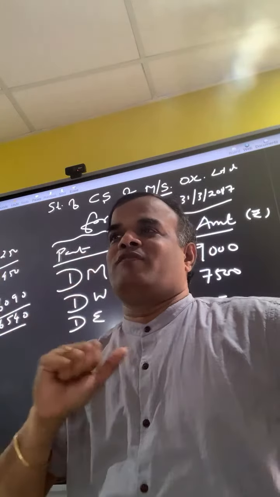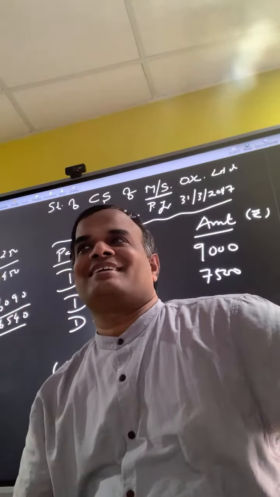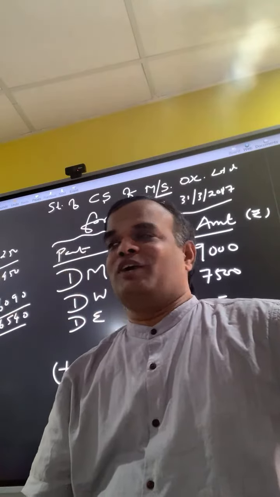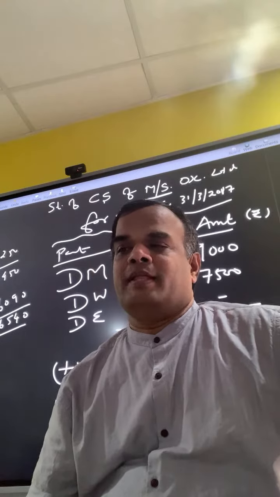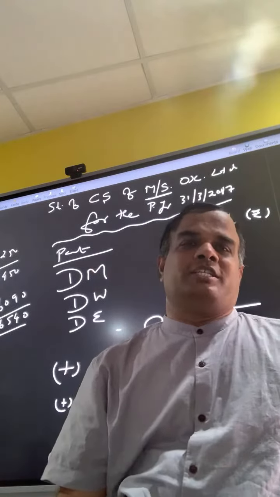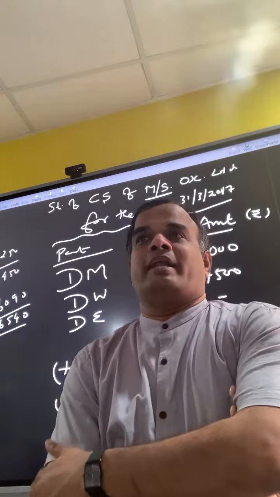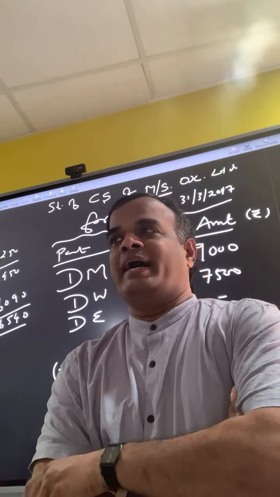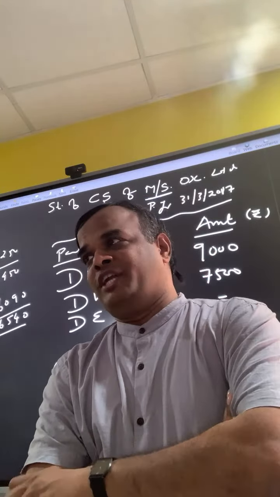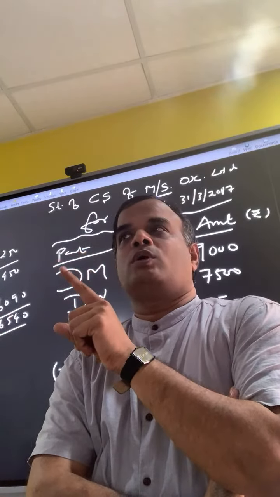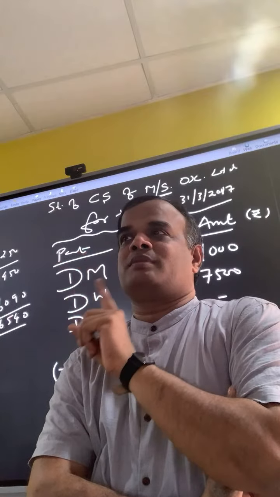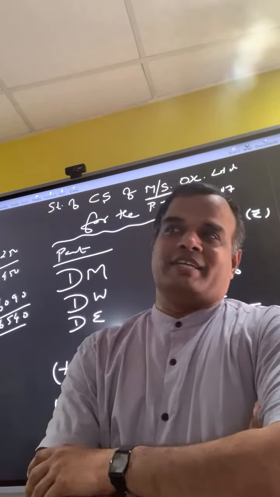Less closing stock of WIP, total is called cost of manufacture. Add administrative overhead, total is called cost of production. Add opening stock of finished goods, total is equal to cost of goods available for sales.